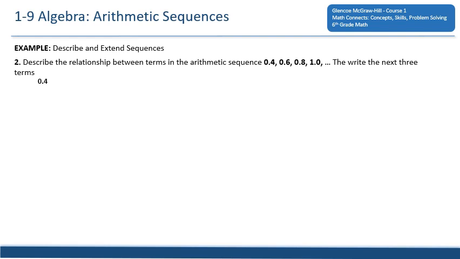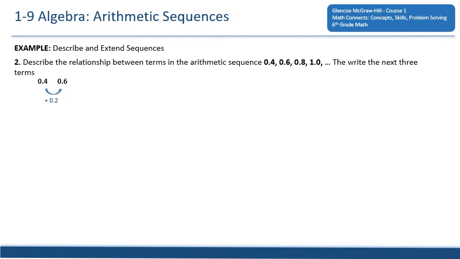So we have 0.4 plus 0.2 equals 0.6. So here's an important thing. Don't let the decimal make this more confusing than it needs to be. If you want to say this out first, you could say, just to find a pattern, instead of 4/10, 6/10, 8/10, you could just say 4, 6, 8, 10.